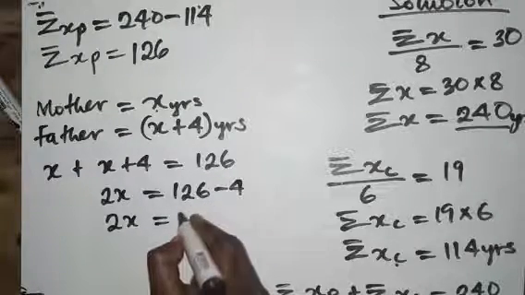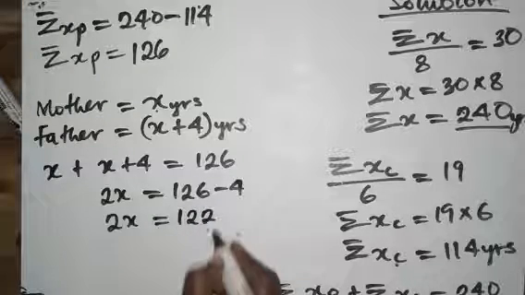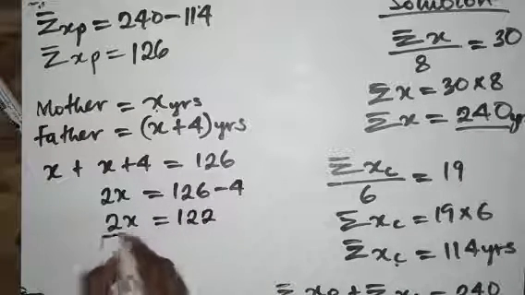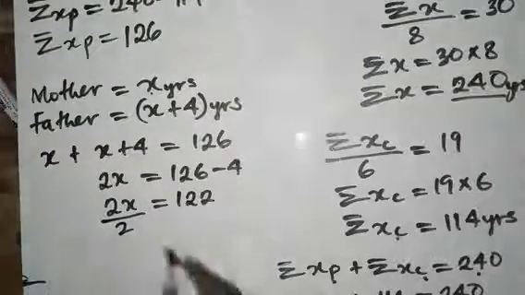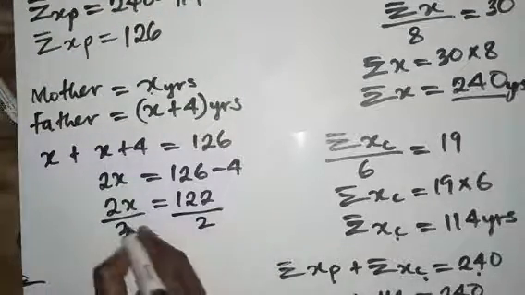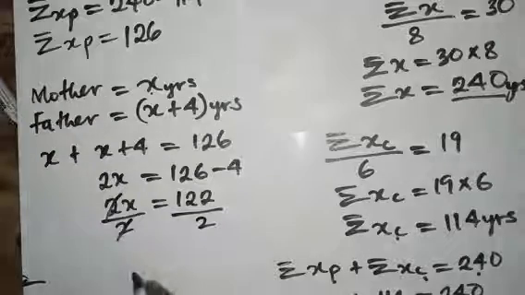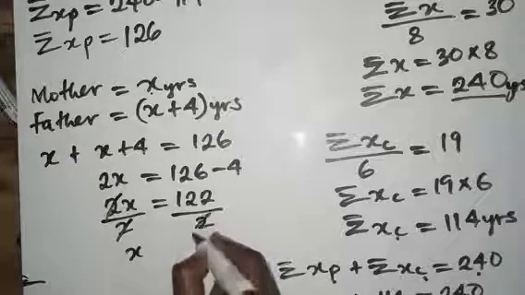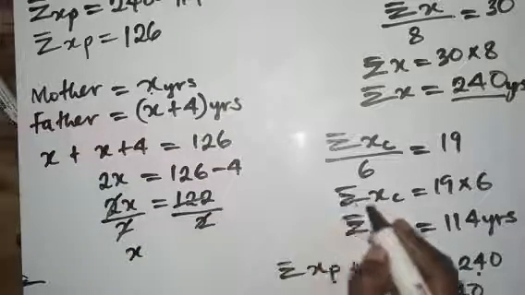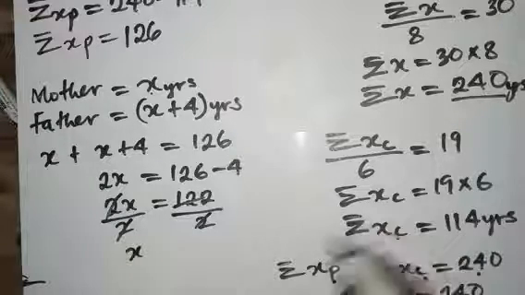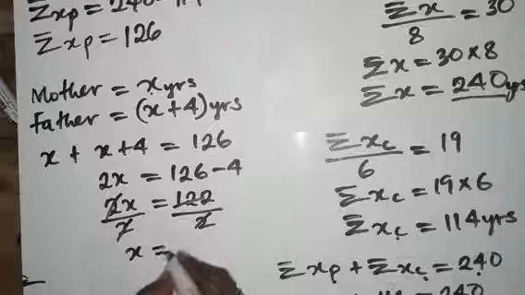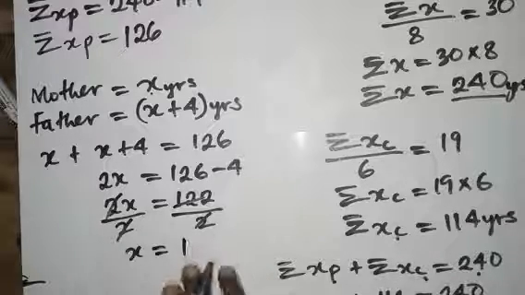Taking 4 from this, I'll be left with 122. Dividing through by 2, 2 cancels 2, I'm left with x, and x equals 61.